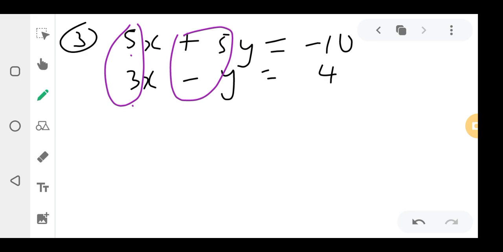So we choose which one to eliminate. Do you want to eliminate the part of x or the part of y?